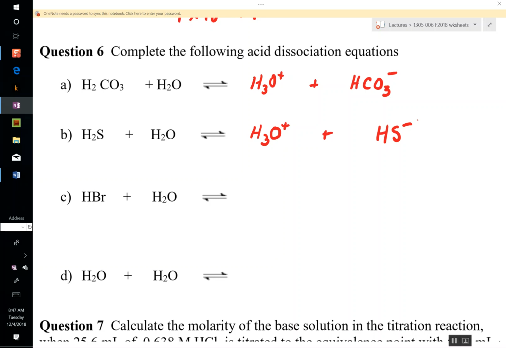All right, so do C. Do C. What's left over?